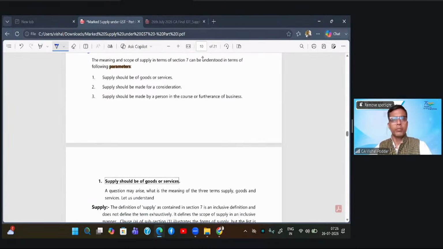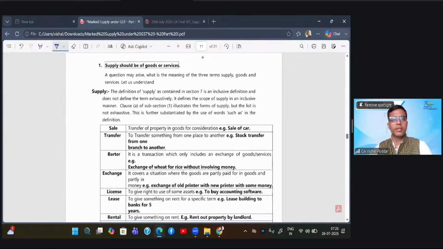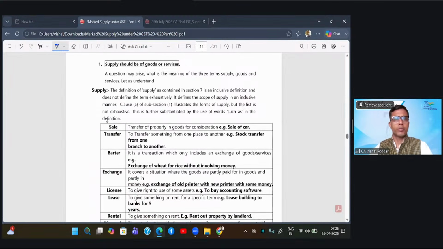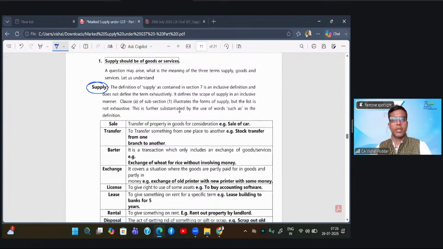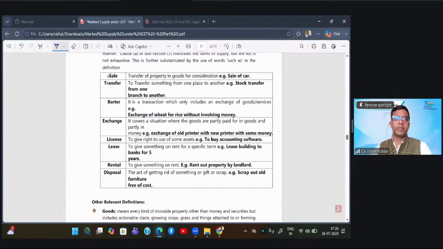Now, let us understand each of these elements. For supply to happen, two things are required. First, there should be some form of supply, and second, there should be goods or service. Now, what are these different forms of supply as we saw above? Again, it is an illustrative list because it is using the term such as.